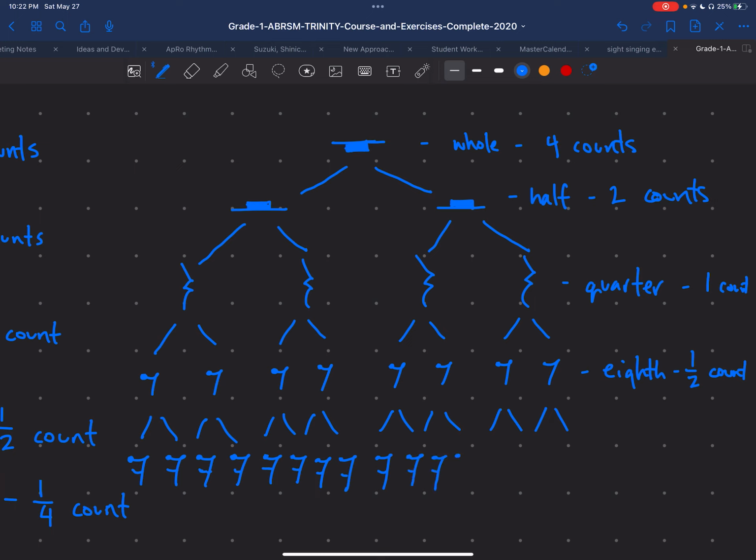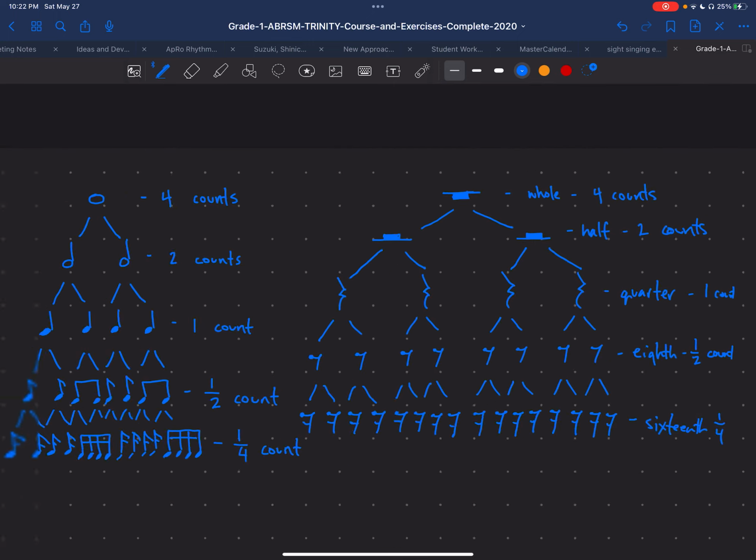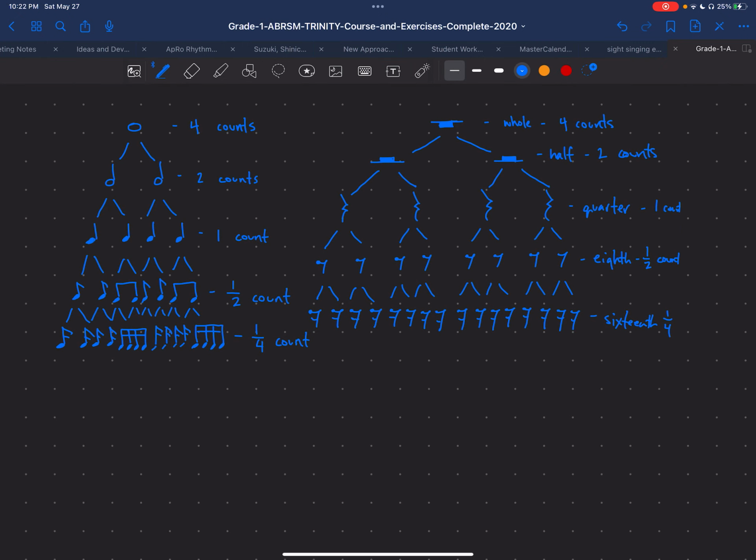Again, we don't beam them together in any other way, but if we have two 16th rests that are occupying what would be half a beat, then we would join them together. I'll show that to you when we look at the time signatures. So this is 16th rests, and they're a quarter of a beat. So there we have our basic information that we need to know for our time signatures, the note values and the rest values.